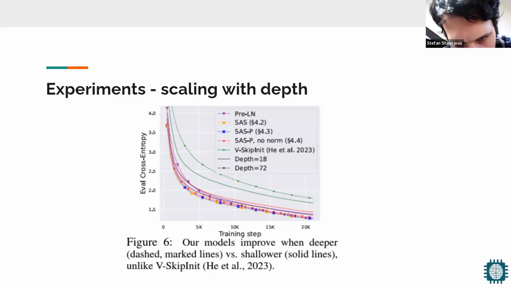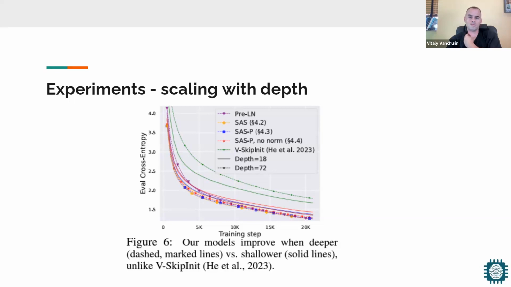I think here pre-LN is the purple line, and you can see that SASP is performing a bit better. But also the point is that even if it was performing exactly the same, it has fewer parameters because we got rid of a bunch of stuff, and it is faster to train.